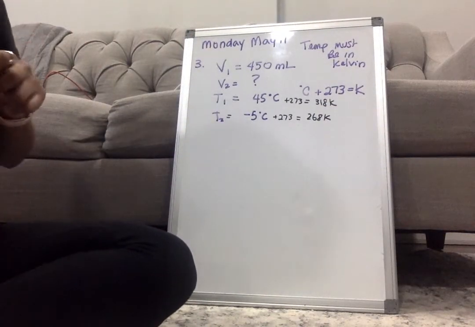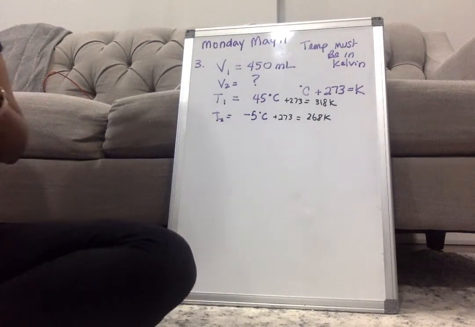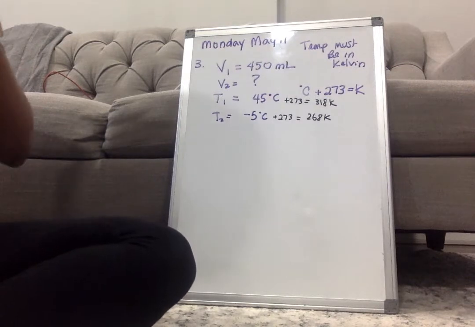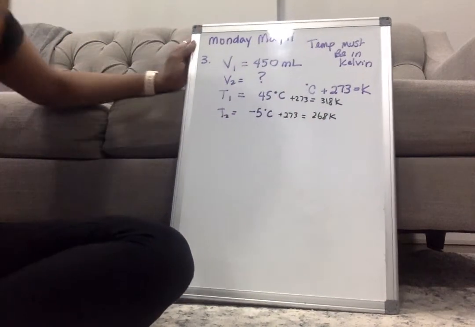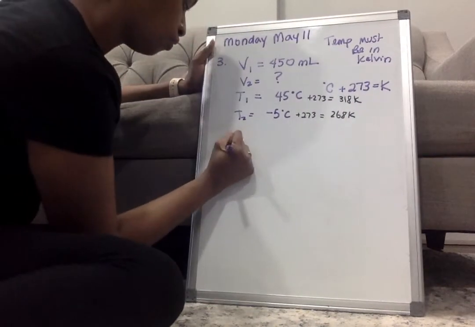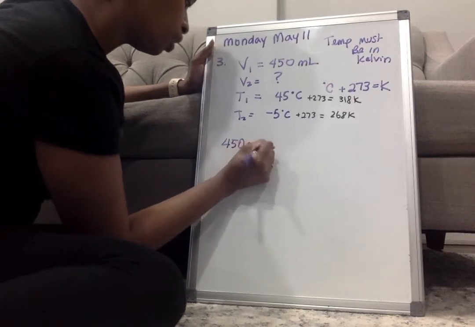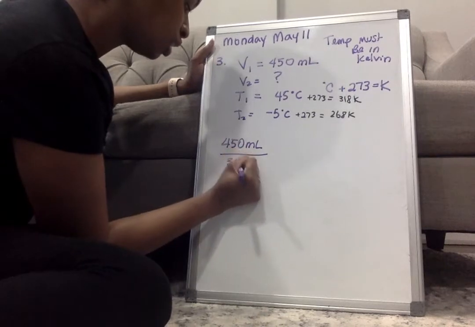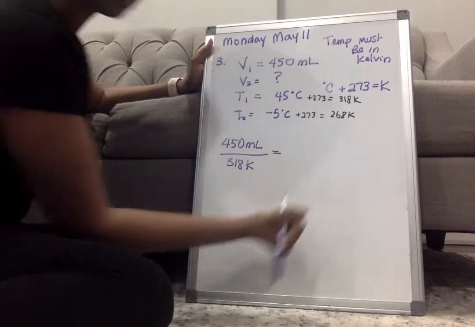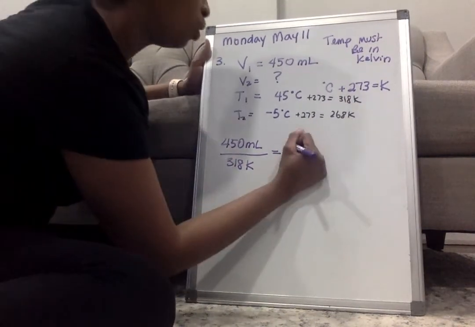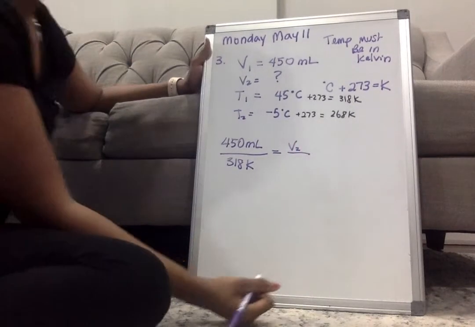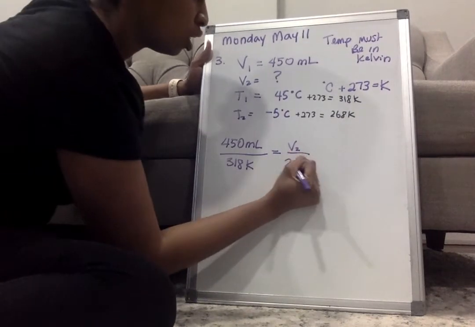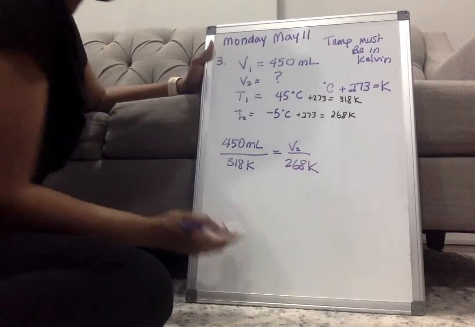So now when it's time to plug in the values into our equation, we're going to use Kelvin. So V1, 450 milliliters over T1, which is 318 Kelvin, that's going to equal, we don't know what V2 is because that's what we're solving, and then T2 is 268 Kelvin.